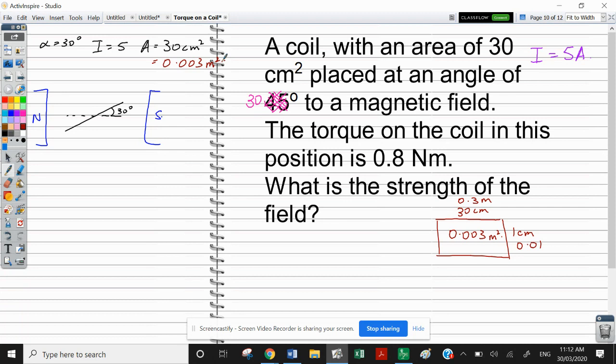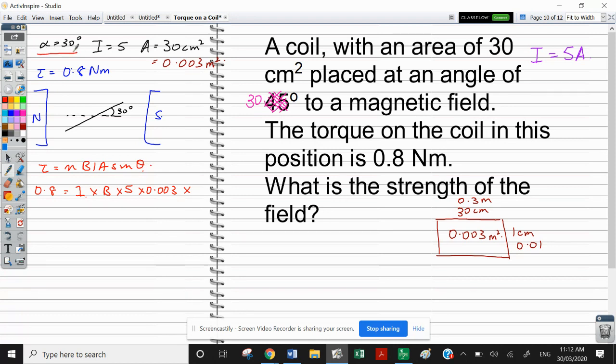We know what the torque is. We're working our way back this time. The torque is 0.8 Newton meters, and we're asked to find B. Always write down your formula, NBIA sine theta. The torque is 0.8. The number of windings is not given, so we assume 1, times B, which is what we're trying to find. Current is 5 amps, and the area is 0.003, times sine theta.